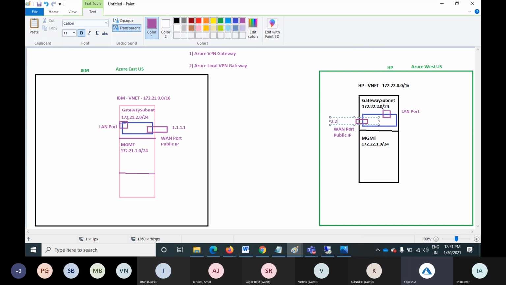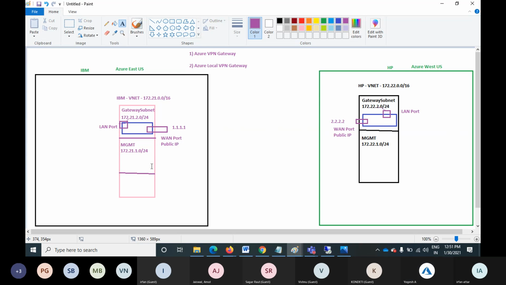And 2.2.2.2 is the public IP of your other VPN gateway. During the connection creation, we need to create a connection between two infrastructures. When you create a connection between two public IPs, we need to configure the local VPN gateway. Local VPN gateway is nothing but the information of your next hop.